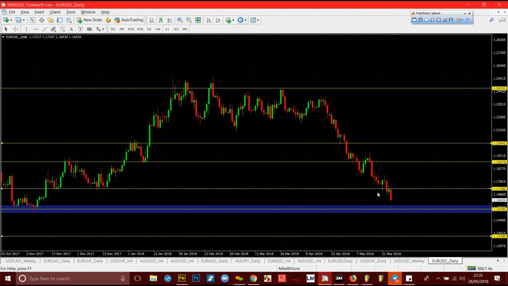So now, this particular trade right here, this is what I'm looking for. I'm waiting for this to come all the way back down here, and then probably bounce up to this point before finally dropping back down, breaking it and coming back down. That's what I think might happen.